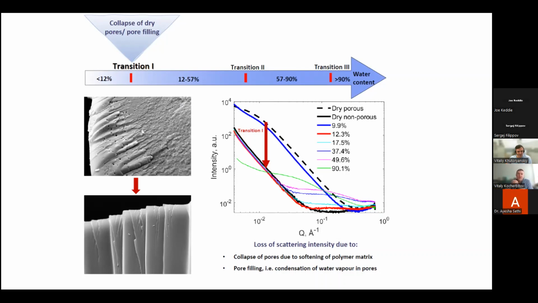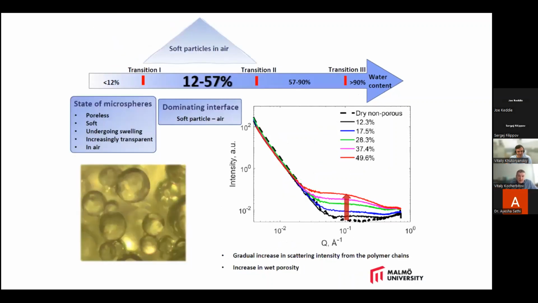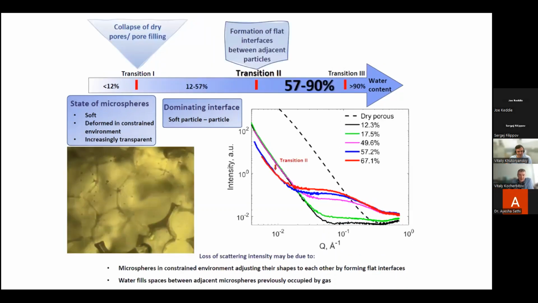Essentially, when we reach the state which is close to the glass transition, the material becomes soft, and then the dry porosity collapses because the system wants to minimize its surface tension. And then in the next regime, we have more or less no changes in the surface scattering, but we have an increase of scattering intensities at higher Q values, and we attribute it to scattering from the polymer chains inside the particles.